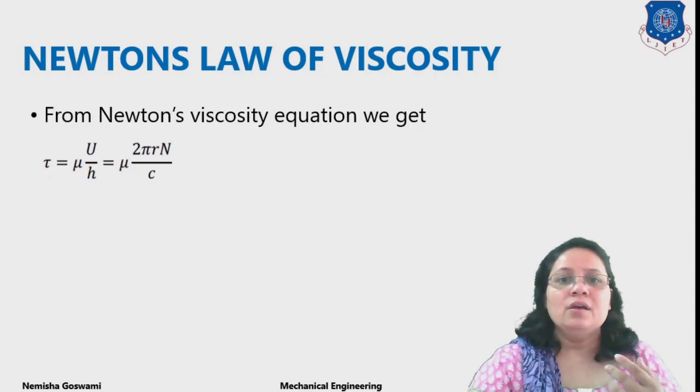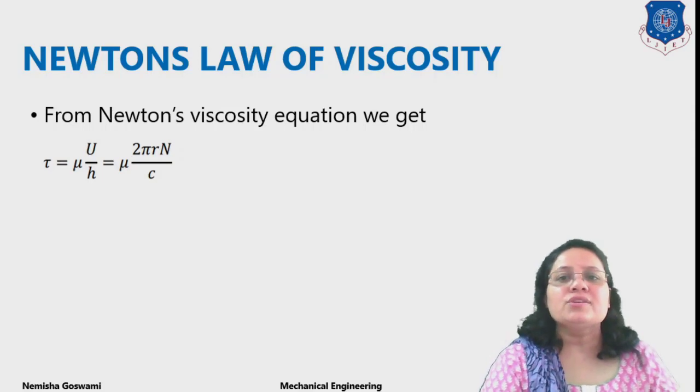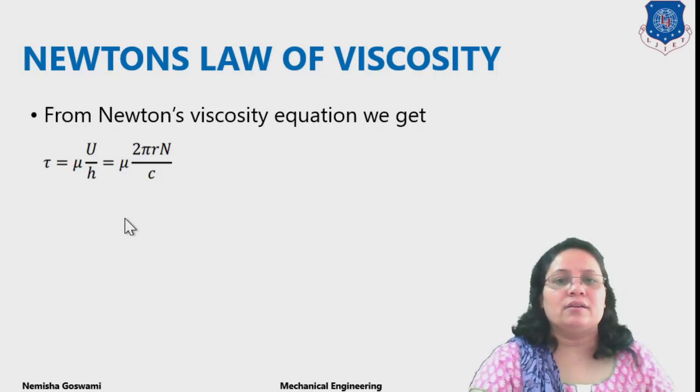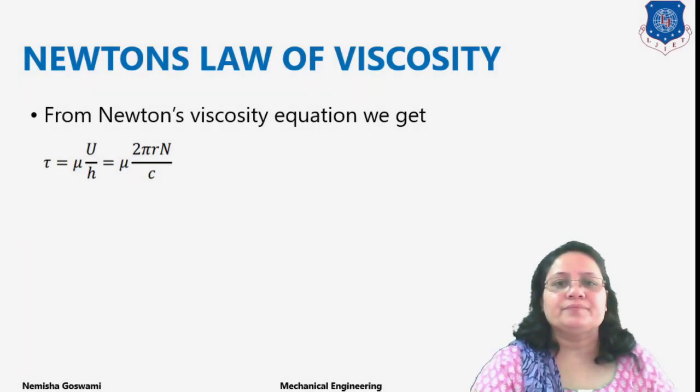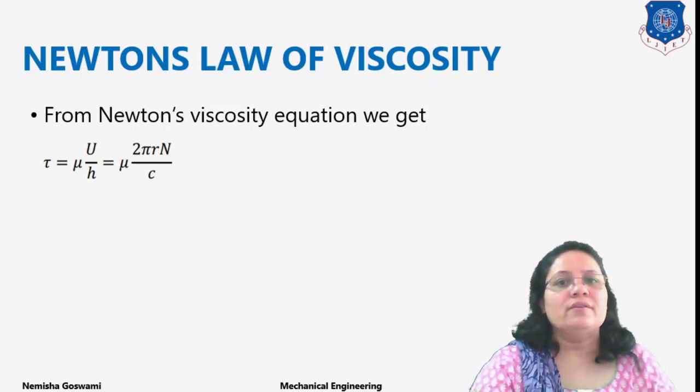In this equation, shear strain is given by velocity divided by thickness. When we remove the proportionality sign, a proportionality constant comes in, and this is known as viscosity, or simply the coefficient of viscosity, right?